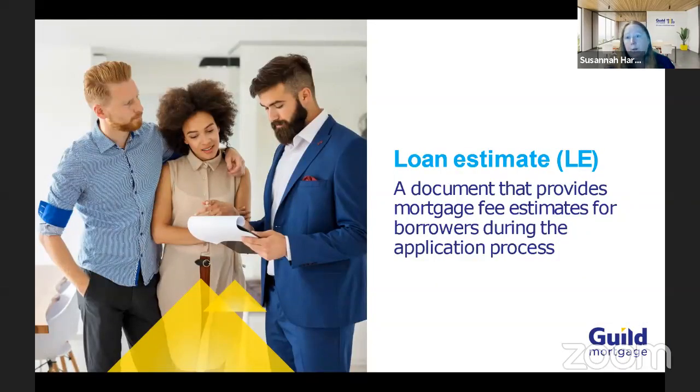You will also see all of those closing costs outlined on your loan estimate, or LE. It is a document that provides mortgage fee estimates for borrowers during the application process. So this is a very important document when you receive it.